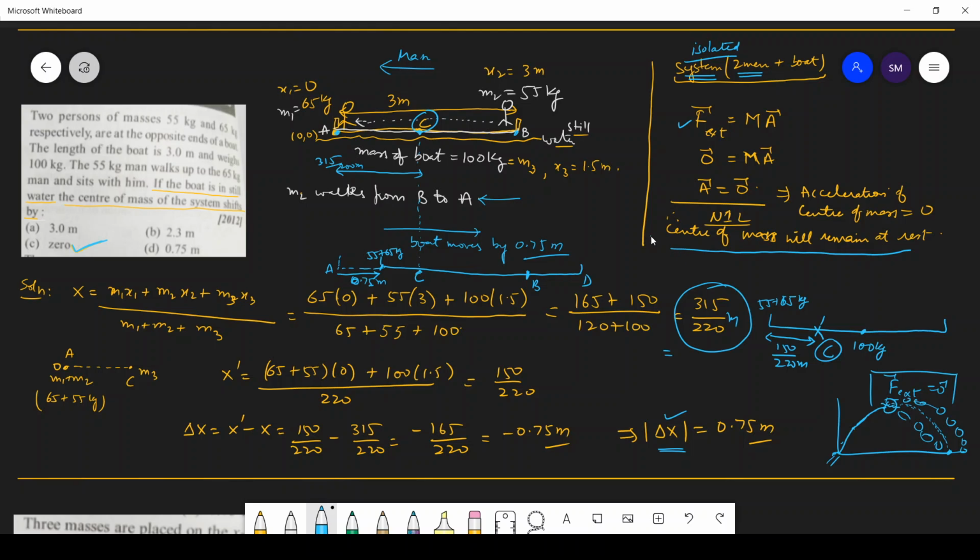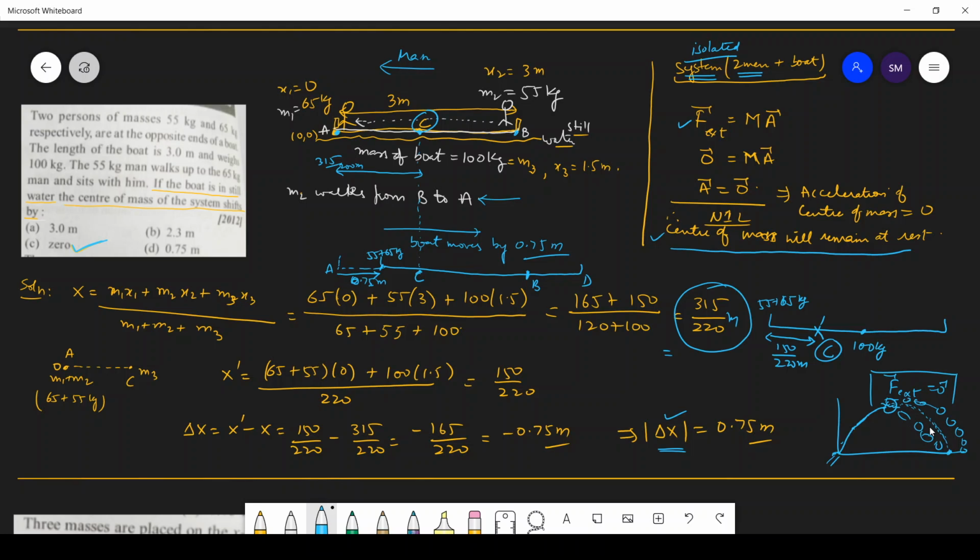The center of mass will remain in the same state if there is no new external force acting on it. Here the only force acting was gravitational force, and it will still act like that, but other than gravitational force, there is no other external force.